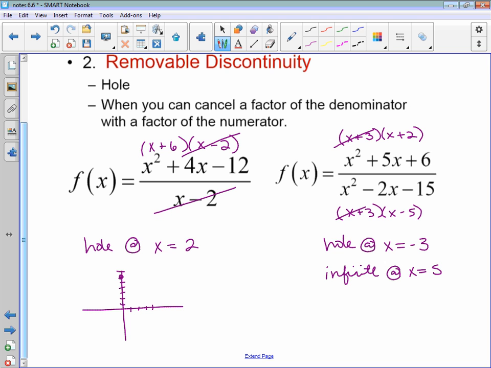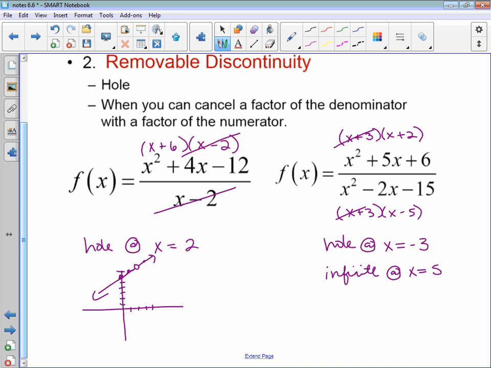And then up 1 over 1, but the next one, so it's like a line, but there's literally like a hole in the middle of your line. Okay. All right, questions on holes?